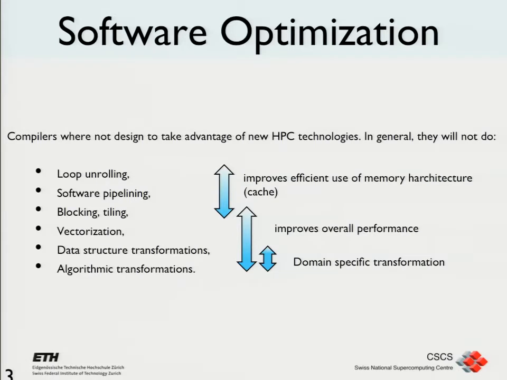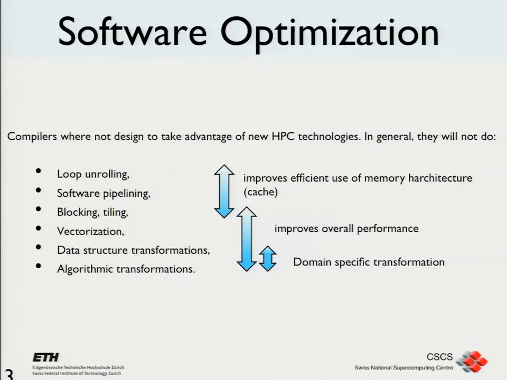As you saw before, the compilers are not designed to take advantage of new HPC technologies. And in general, they won't do it, or not very easily, unless you give them a lot of information. So they won't do loop unrolling, software pipelining, blocking.